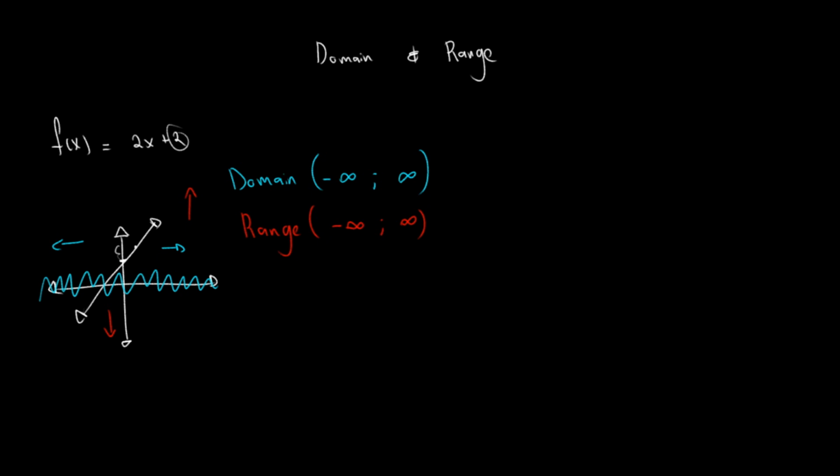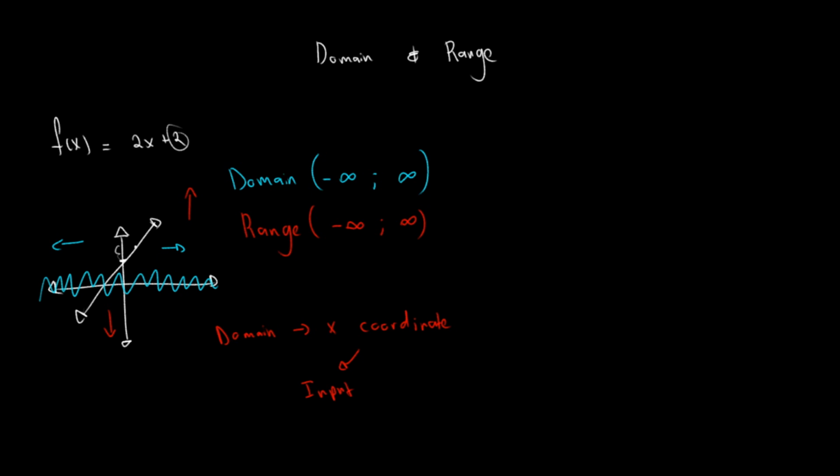So let's see if we can make a conclusion on what our domain means. Our domain relates to my x coordinates, and my x coordinates are usually related to the input of a function.